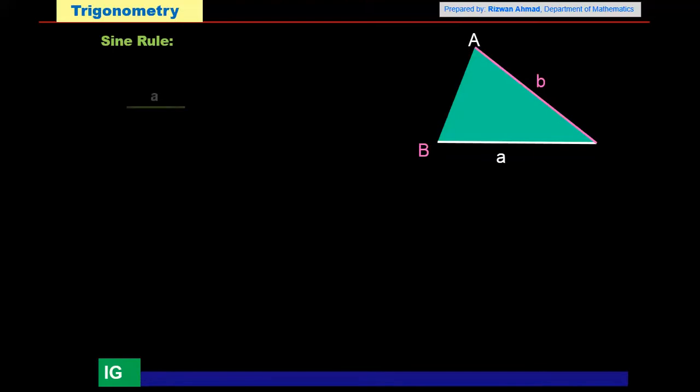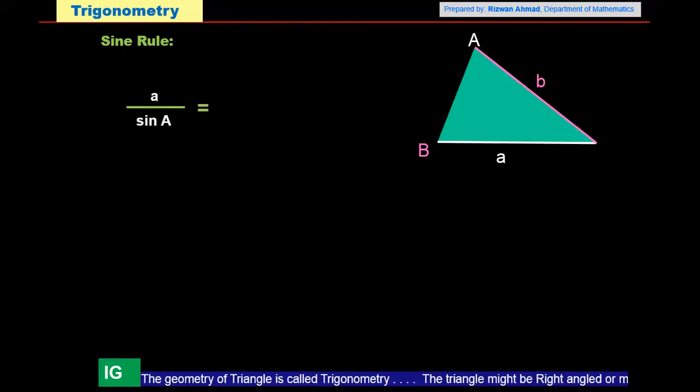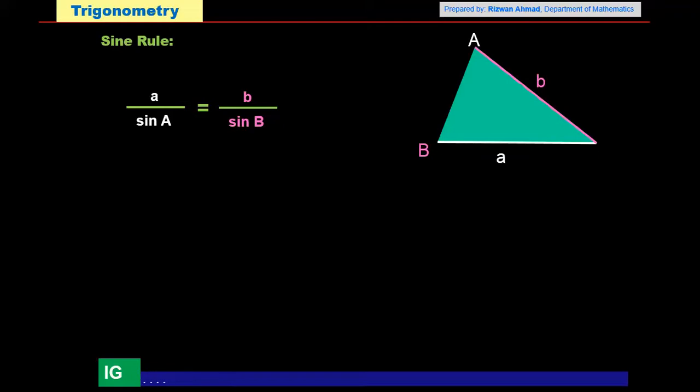Sine rule is: any side which is opposite to the angle A is a divided by sine of the angle A, and that is equal to the side b divided by sine of the angle opposite to b, which is capital B. So a over sine A is equal to b over sine B. So this is known as the sine rule. It is involved when two angles and two sides are there.